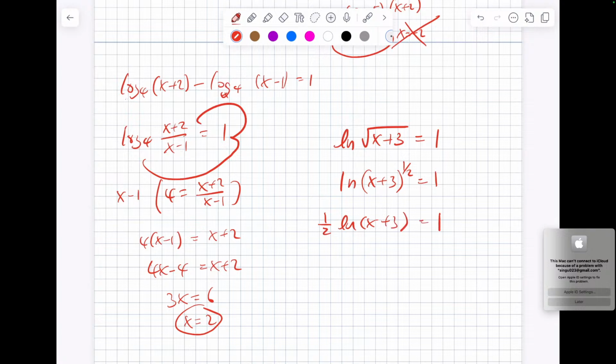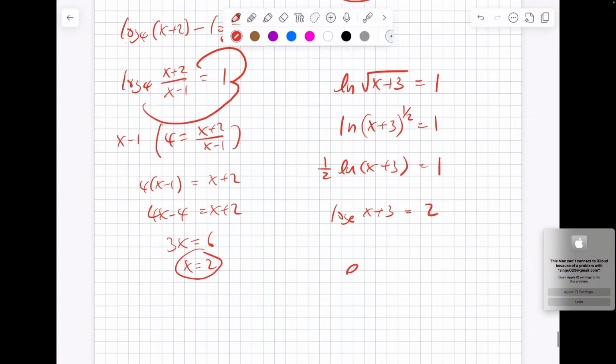Can I multiply by 2 on both sides? Now, this log is log base e, right? So can I just write down e squared equal to x plus 3?